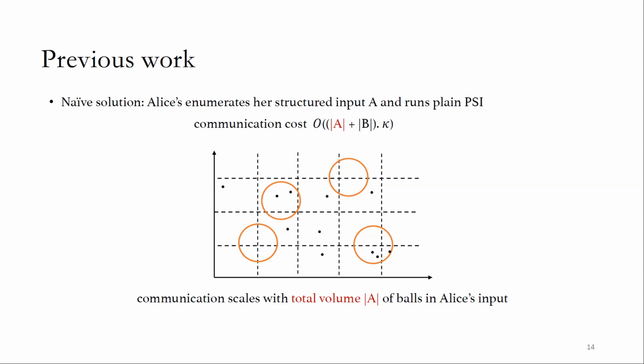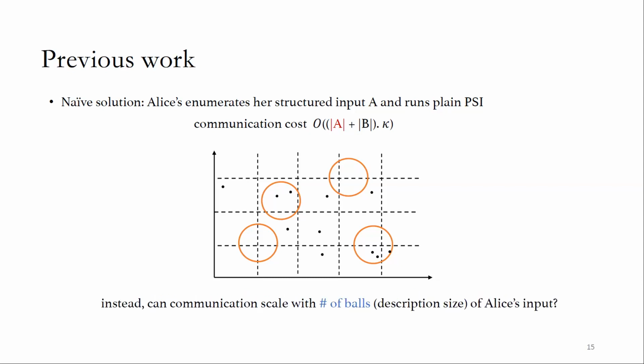If you were to use standard PSI, then the communication will scale with the total volume of balls that lie within Alice's chosen input. But qualitatively, what we're asking for is: can Alice's communication scale with a more succinct description size of her input set, given that this is public information? So instead, what if the communication scales with the number of balls within her input set?